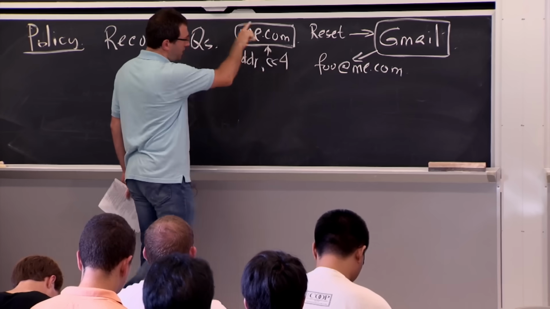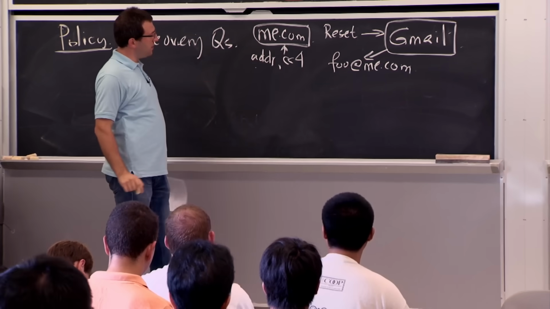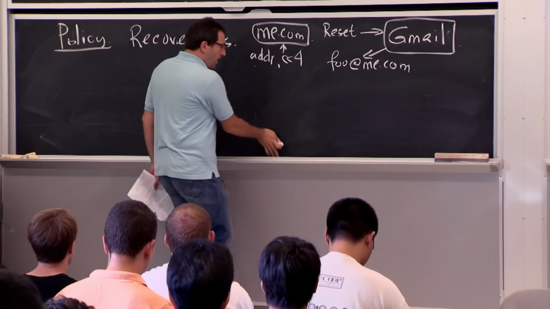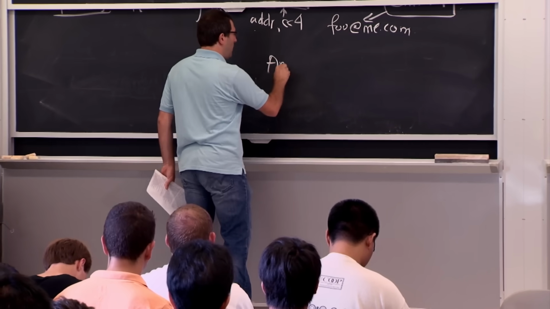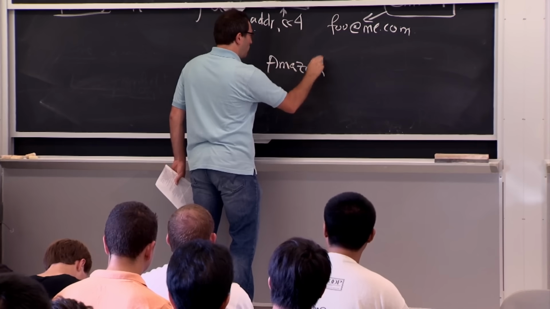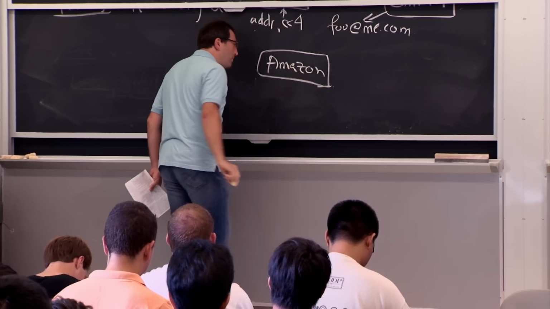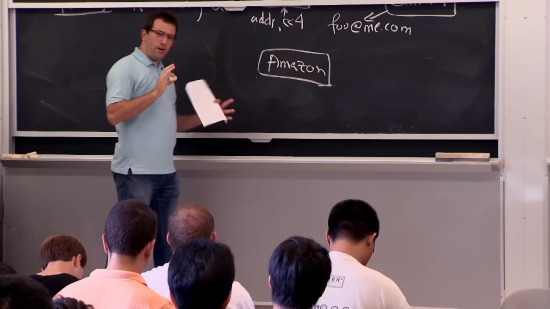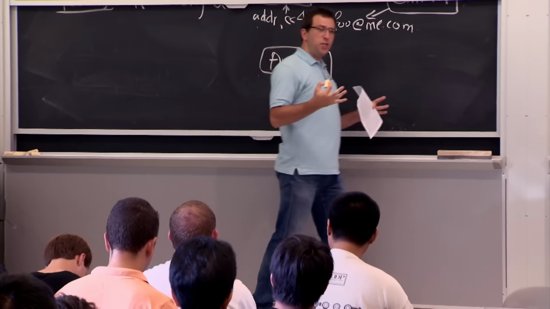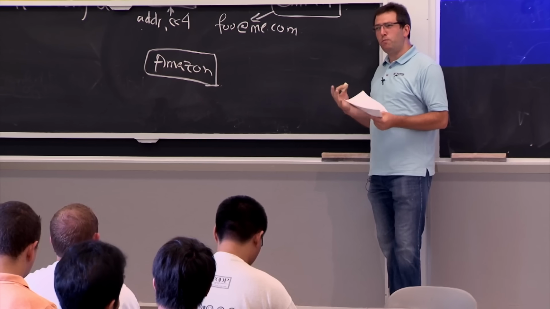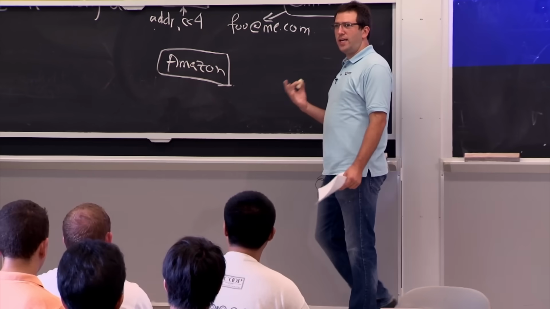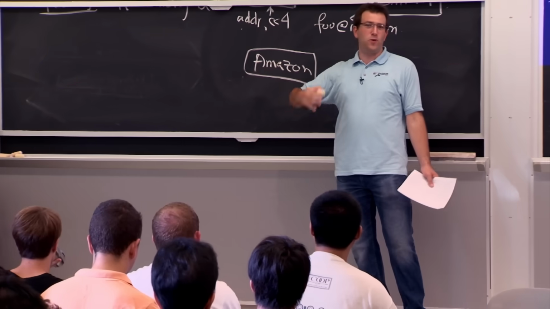So you need to send these things to me.com to get access to his email account there. Well, it turns out this guy had an account at Amazon, which was another party in this story. Amazon really wants you to buy things, and as a result, they have a fairly elaborate account management system. In particular, because they really want you to buy stuff, they don't require you to sign in in order to purchase some item with a credit card.